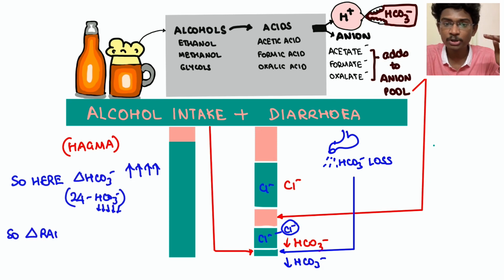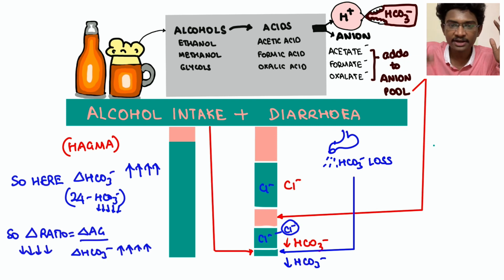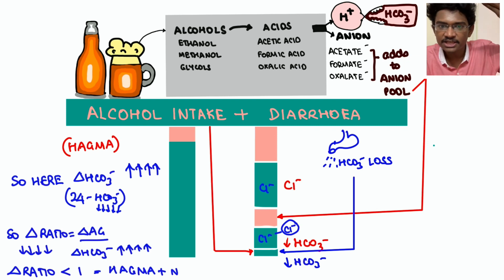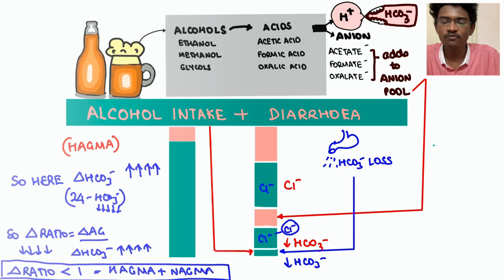So what will happen to the change in bicarb? 24 minus very low bicarb, that value will be increased. So when the denominator increases, the delta ratio falls to less than 1. That means HAGMA due to alcoholic ketoacidosis and NAGMA due to diarrhea are coexisting in this patient. It can be found out only when you calculate delta ratio.